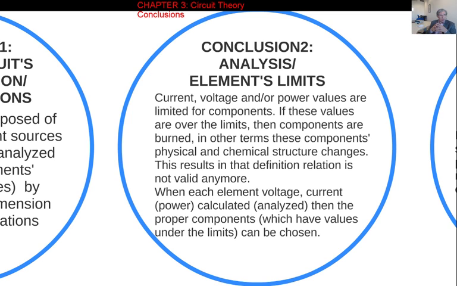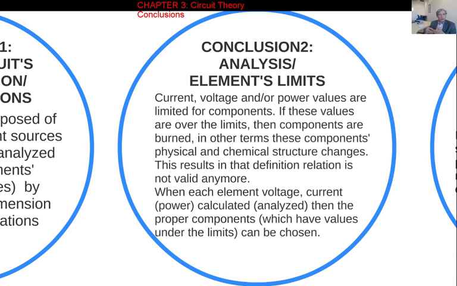So what happens is this. The resistor value is not changed. Let's say you've got a 5 ohm resistor, and the tolerance, the power limit, is 0.25 watts.